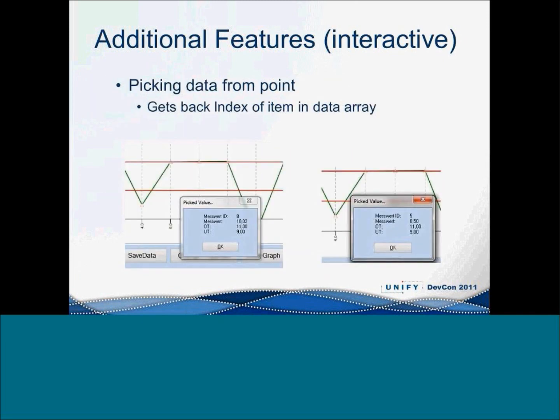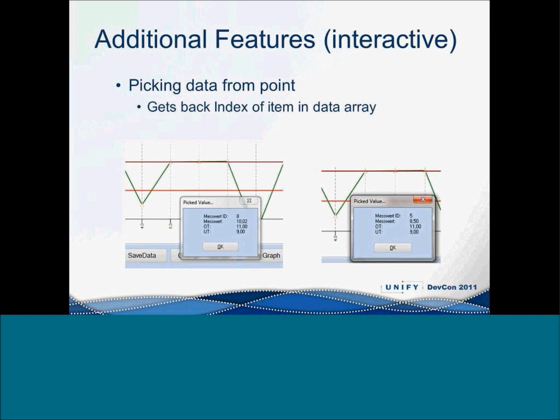Also, picking data from a point gives you the possibility to dig into the data, to say, okay, I want to click on a triangle, this displays data, and based on this picking, I get back the index of the item, of the data values inside the arrays.